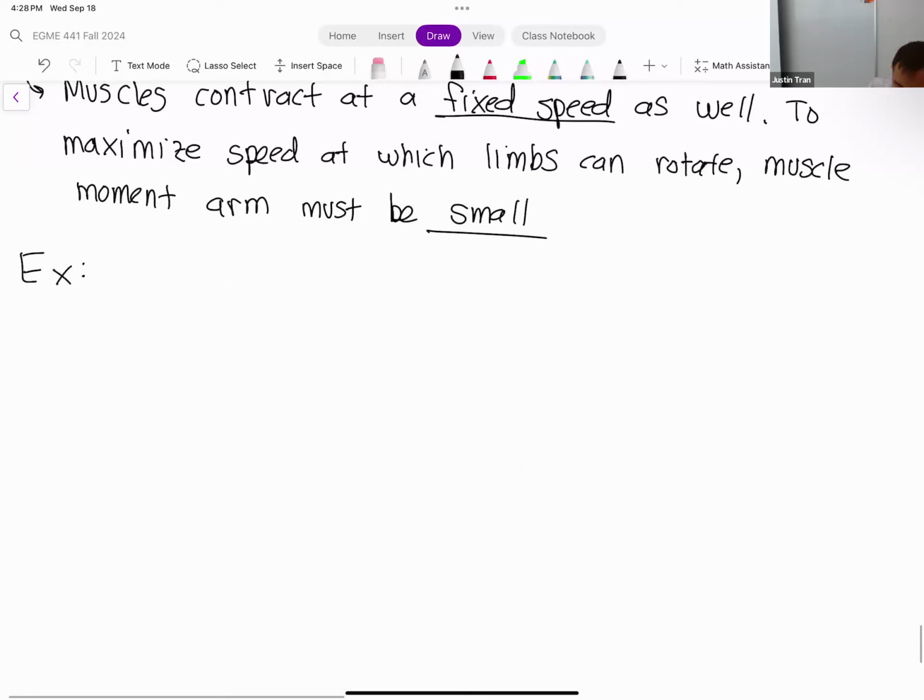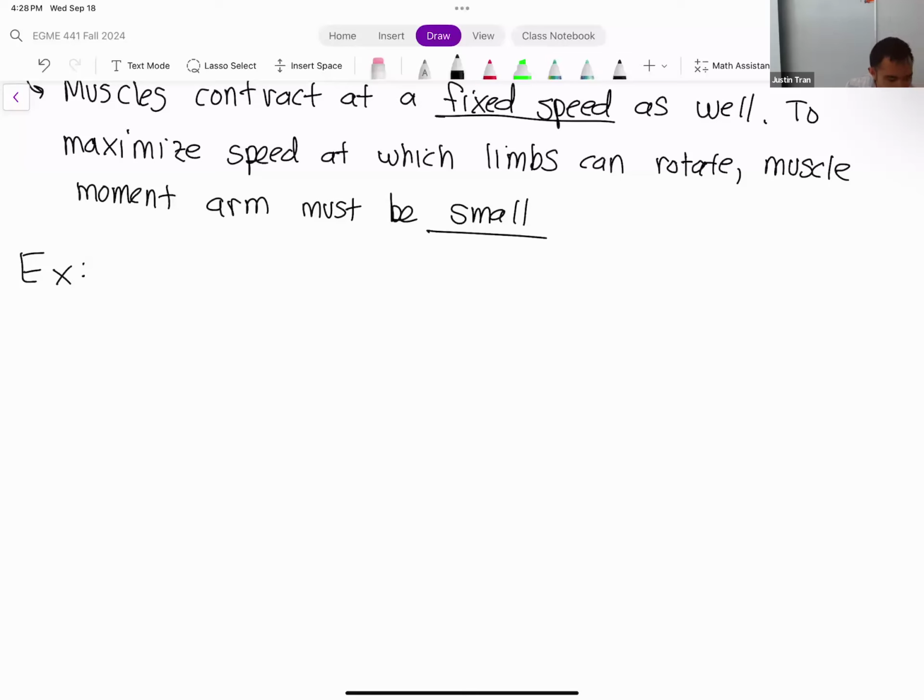In that last example, we did a very simplified case where we only considered one muscle. You do have certain joints in your body where there's only one muscle primarily working at that joint. But for the most part, most joints are acted on by multiple muscles at the same time.